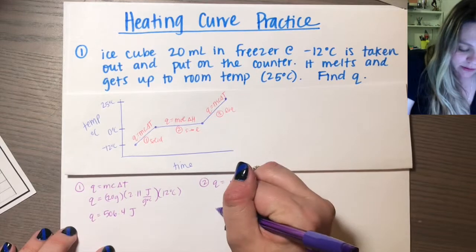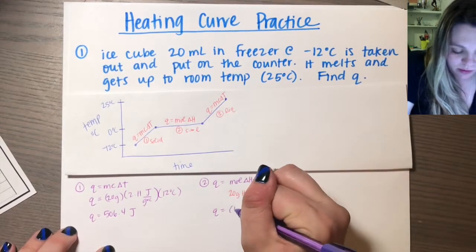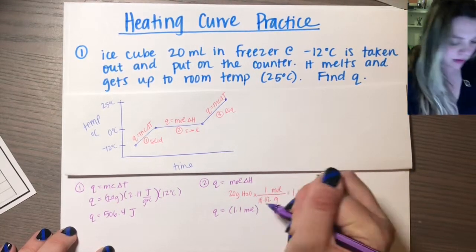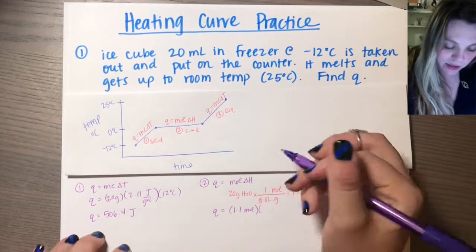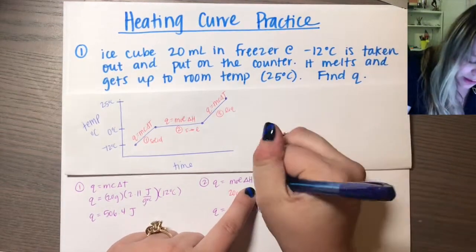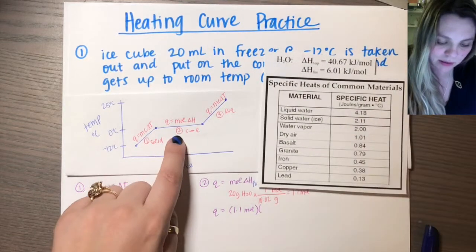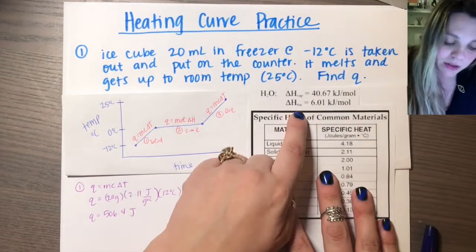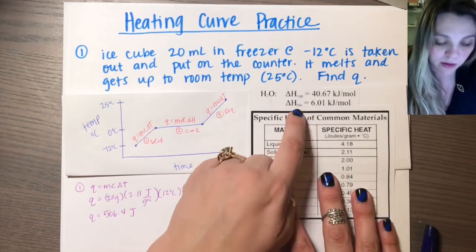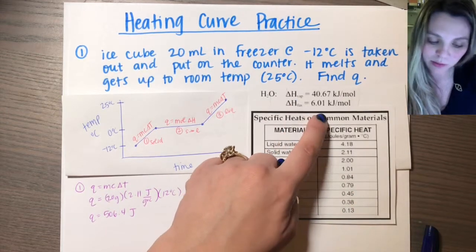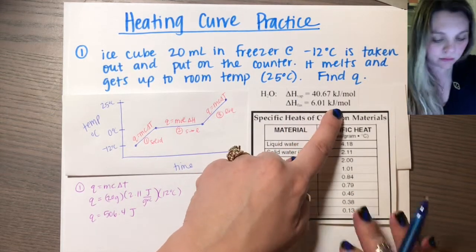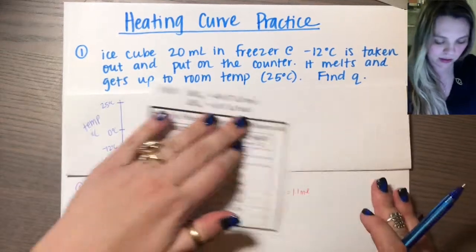And I can solve. Q equals 1.1 moles times the delta H. This delta H is of fusion, not vaporization, right? I'm not vaporizing. I'm just melting. And again, that should be given to you. Vaporization, nope. Fusion, yay. 6.01 kilojoules per mole. Given value, okay?